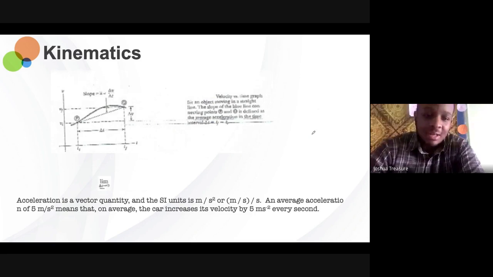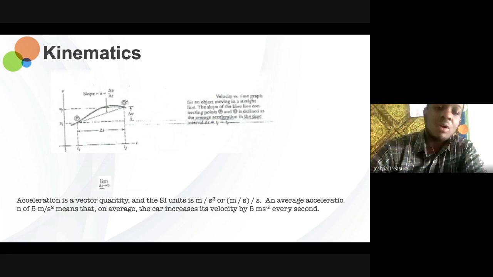So on a velocity versus time graph, the slope of the line from this point to this point would give us the acceleration. We're not going to go too deep into this, but it's the same concept as our average velocity.